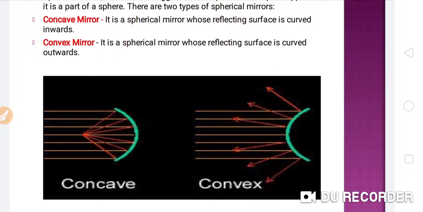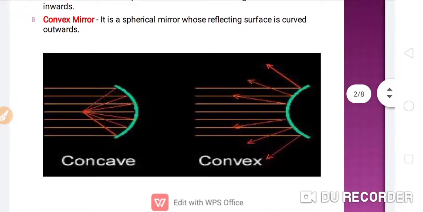Whatever light falls on the concave mirror will point at one particular point, and this is the important characteristic: it has the tendency to converge the light at a particular point. And just its opposite, the convex mirror has the tendency that whatever light falls on it will be diverged.